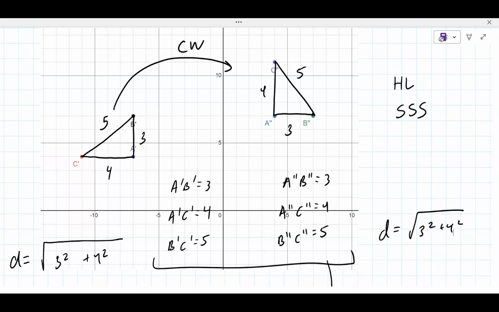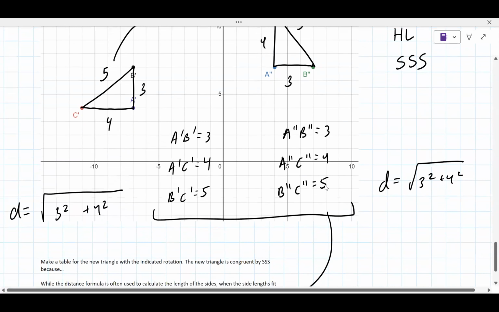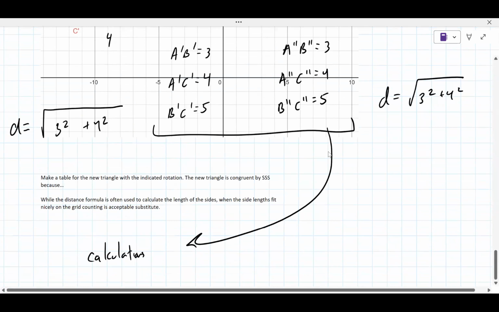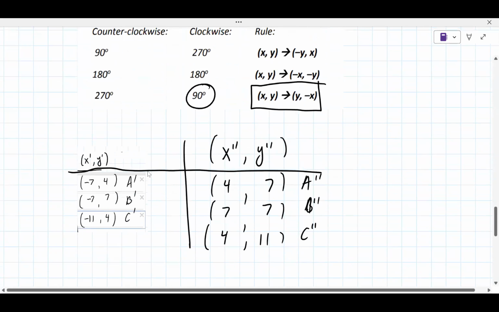So right now for C, the first thing is you make a table for the new triangle with the rotation, like that's given. And hopefully you're showing that as well somewhere. Okay, good.